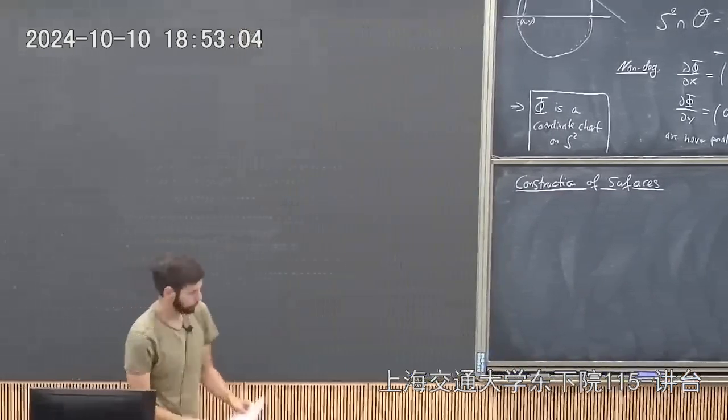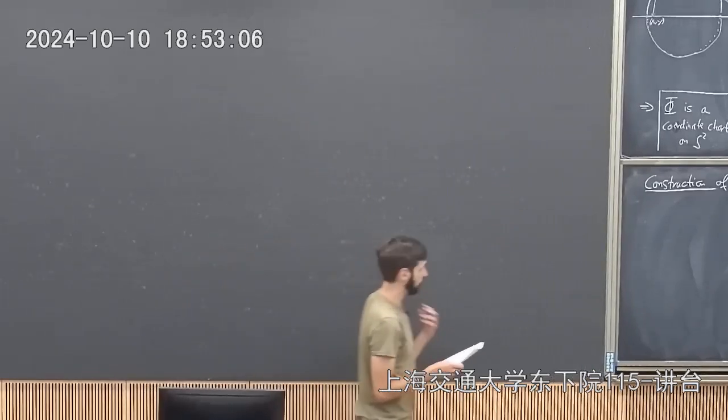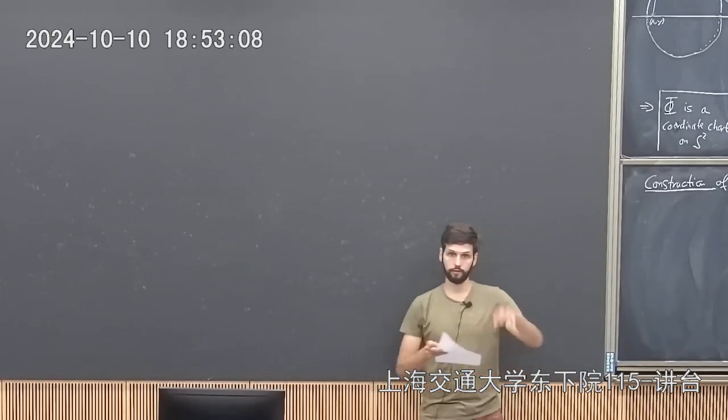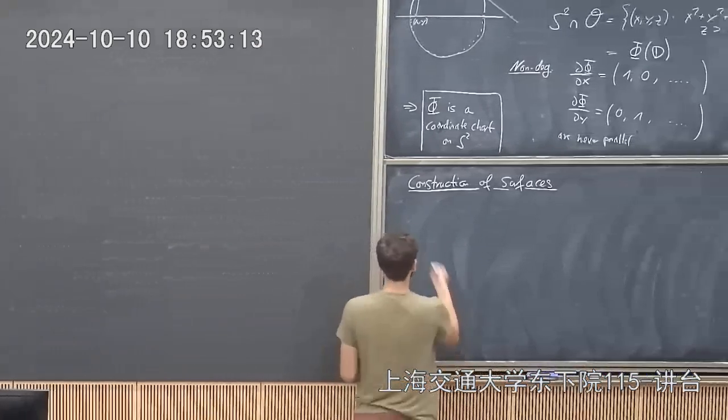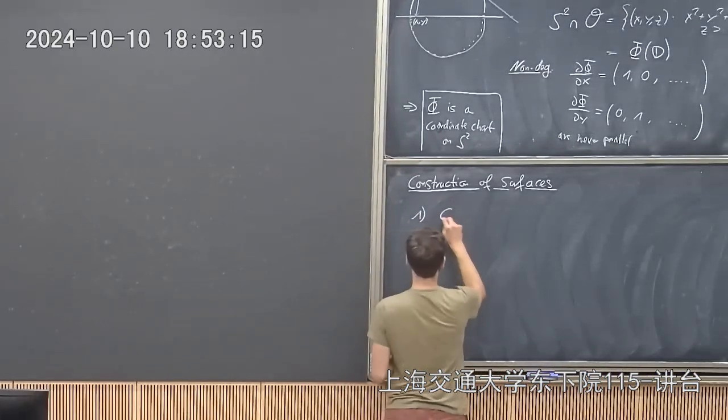There are essentially two ways to construct a surface, or to say when a given subset is a surface. And the first one is using graphs.